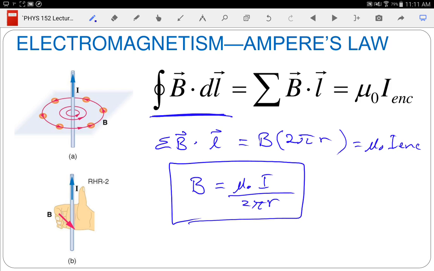So that tells me if the current is going up, the magnetic field is going around in circles like this. And for any point, if I ask what direction is the magnetic field here, I just rotate my hand so my fingers are at that point, and they're pointing this direction. So the right-hand rule: thumb is the direction of the current, you wrap your hand around the wire, and your fingers are pointing the direction the magnetic field is wrapping around the wire.